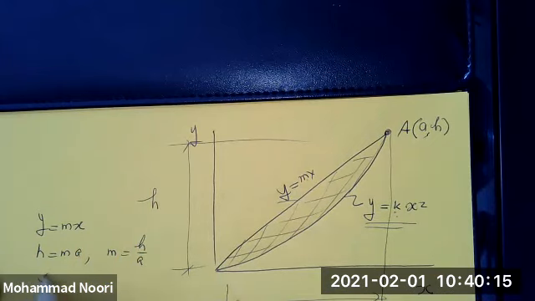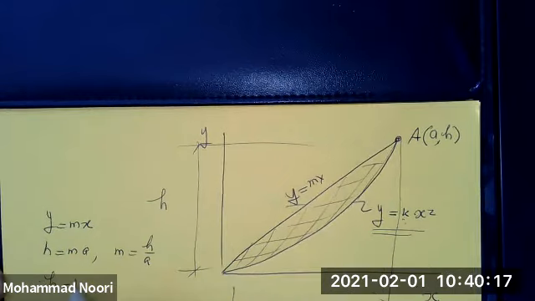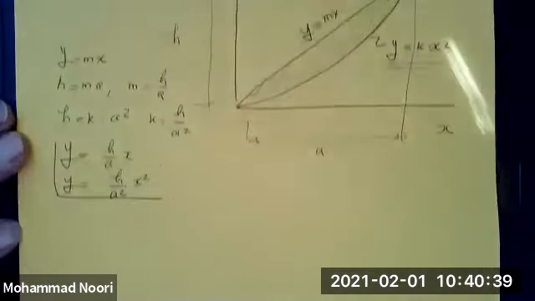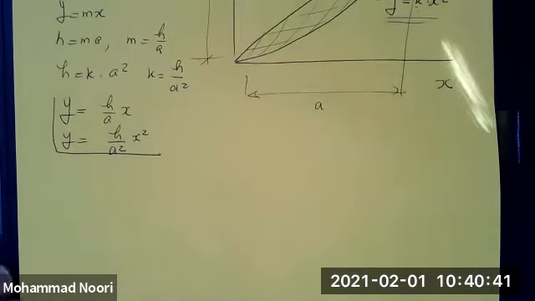And for this one, you have h is equal to k a squared, so k would be h over a squared. So the functions that you have are y is equal to h over a times x, and the other one is h over a squared times x squared. The procedure that I recommend is as follows.